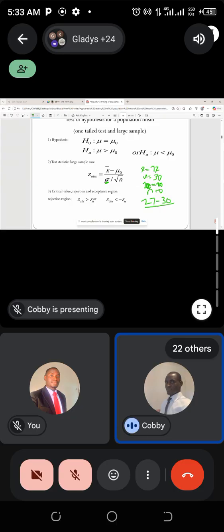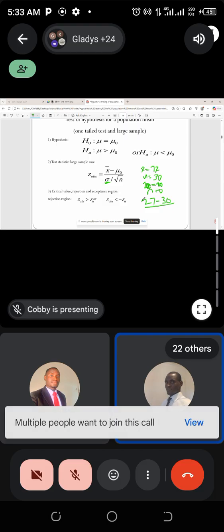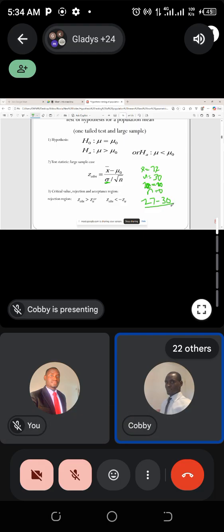This in the formula is the standard deviation, but what we are given is the variance. So you have to square root the variance. We just make one square root because we are square rooting both the number and the variance. So it's going to be the square root of 20 divided by 10.